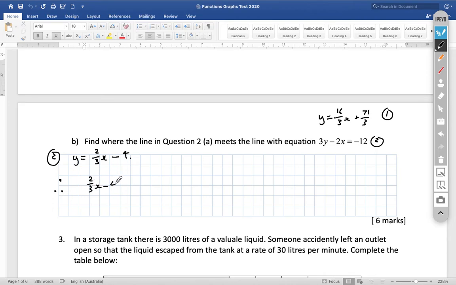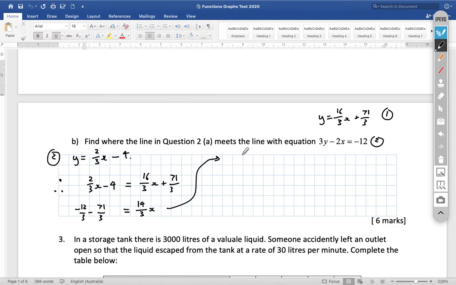2/3 x minus 4 has to equal 16 on 3x plus 71 on 3. Okay, let's go for positive x values. So if I take this over and minus it, 14 on 3x, we have to minus from both sides. So minus 4, it's minus 12 on 3, minus 71 on 3. All right.